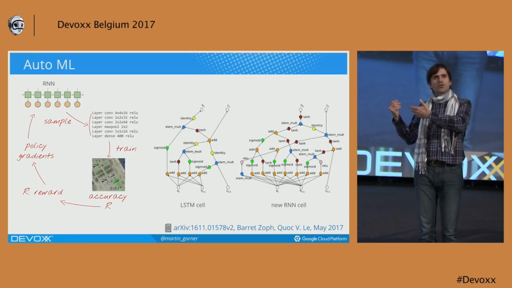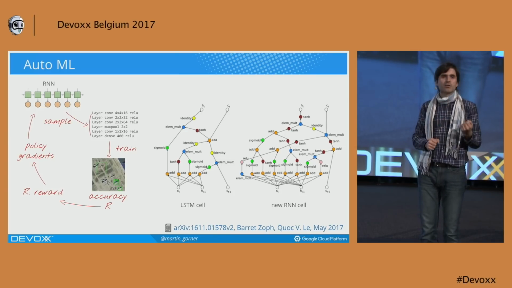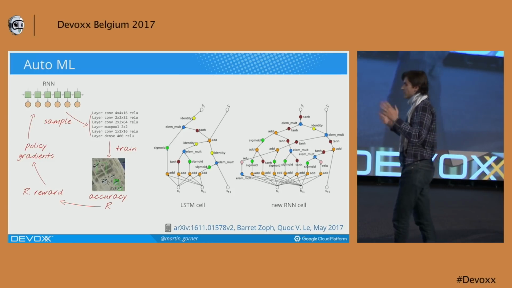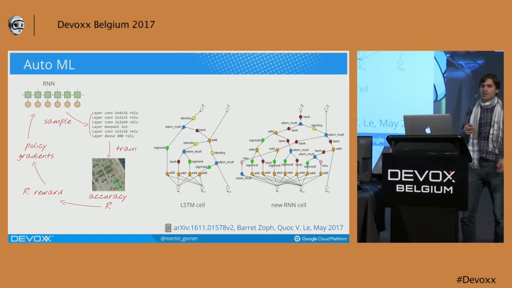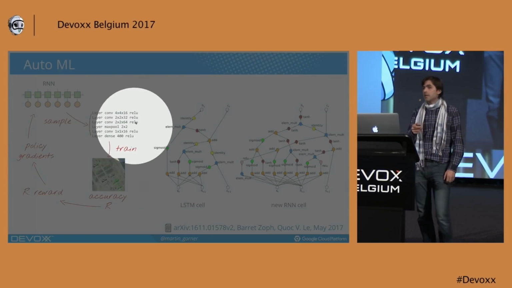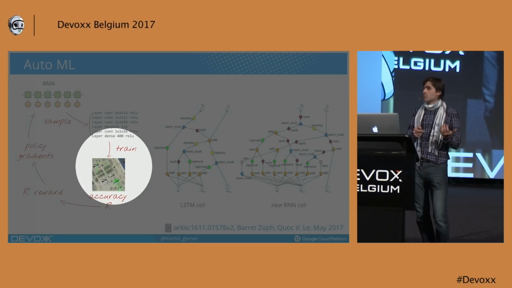Haven't we seen neural networks that produce sequences of characters? Yes, recurrent neural networks, they produce sequences of characters. So what if we have a problem and we build a neural network that produces a sequence of characters that happens to be a neural network architecture that solves our problem?